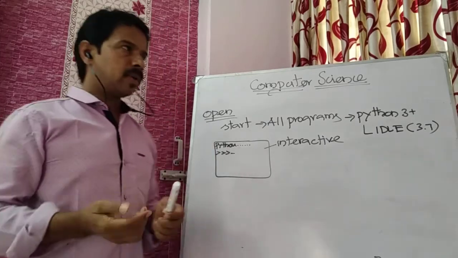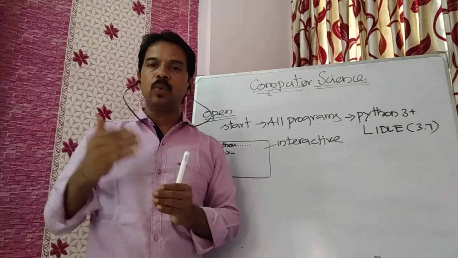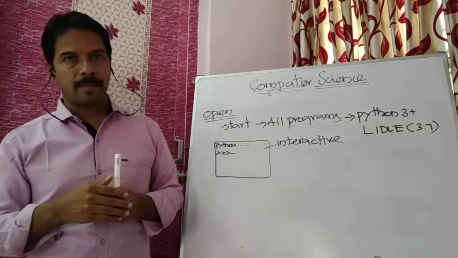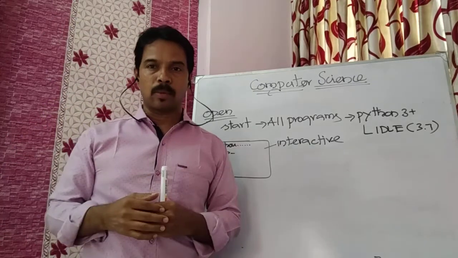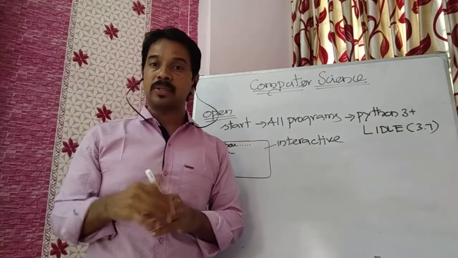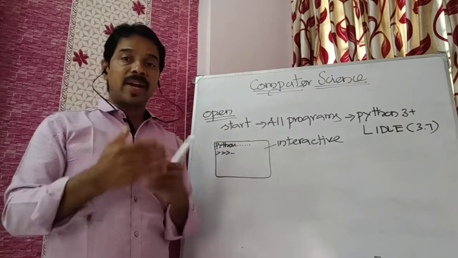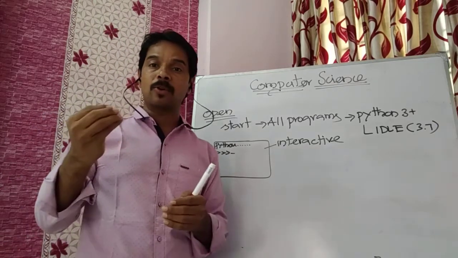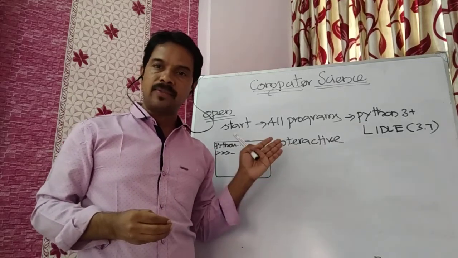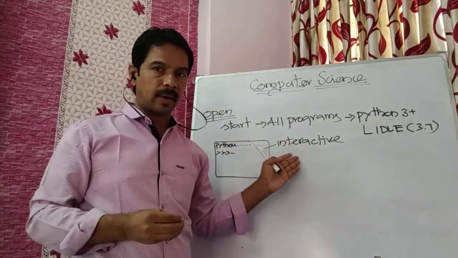For example, when you need to work temporarily, such as addition of two numbers, multiplication of two numbers, or printing some design using one or two lines, you can go with this interactive mode. Whenever you are working with small coding, one or two lines, you can go with interactive mode, which is very easy, and as soon as you open it, you can use it.